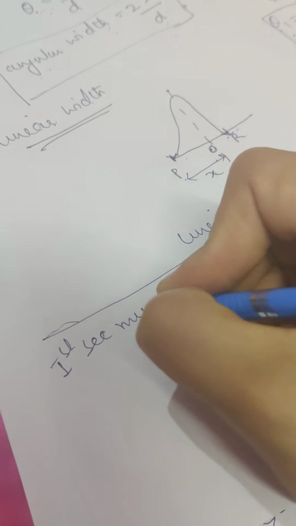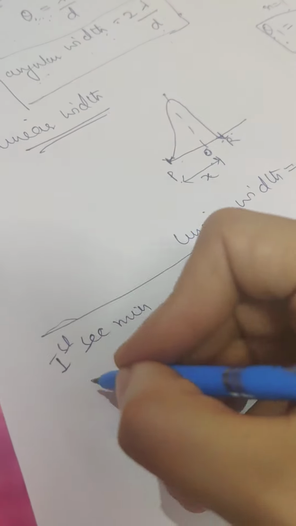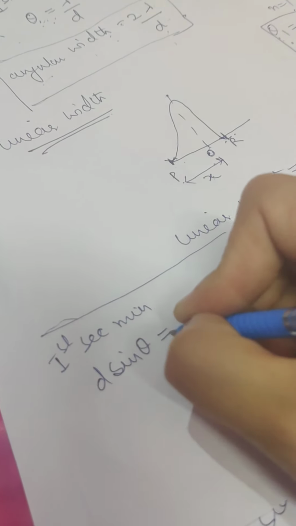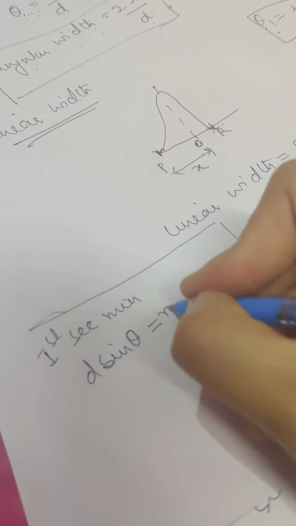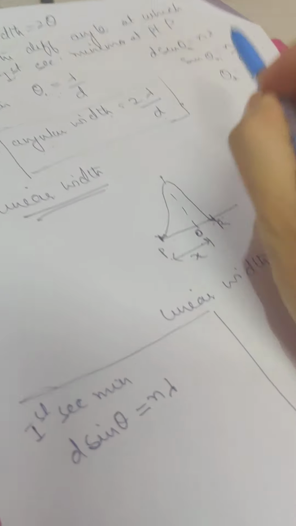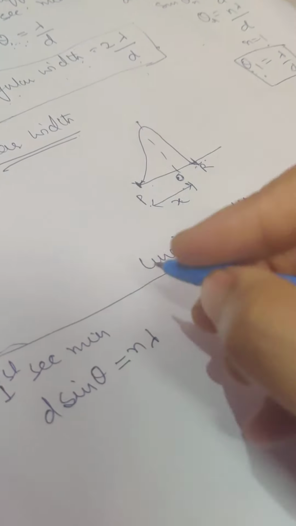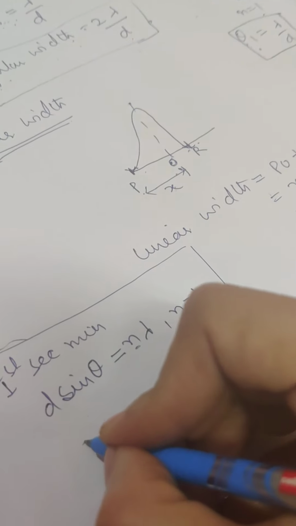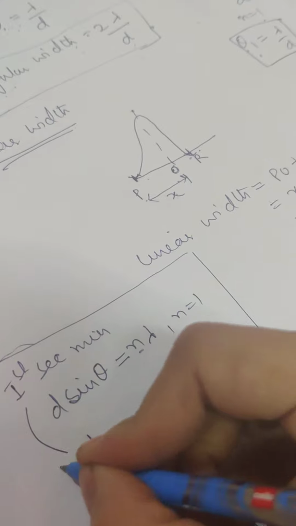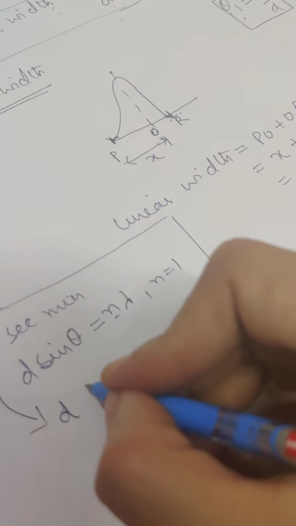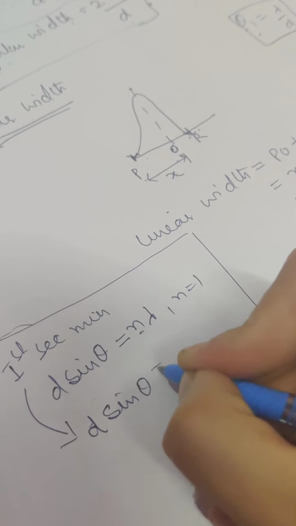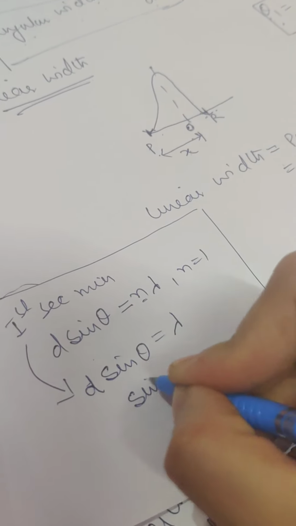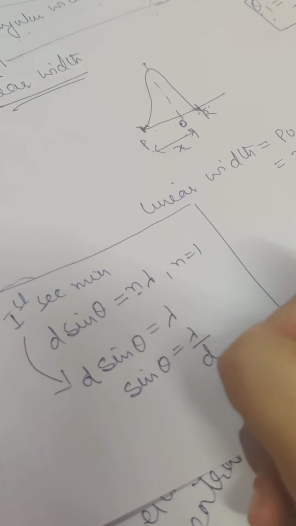We get the first secondary minima when the path difference d sine theta is equal to n lambda, as I already calculated here. So we get the first secondary minima when n is 1. Therefore, d sine theta is equal to lambda, or sine theta is equal to lambda by d.